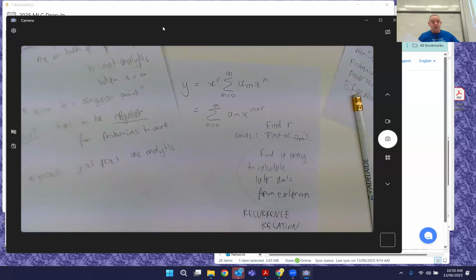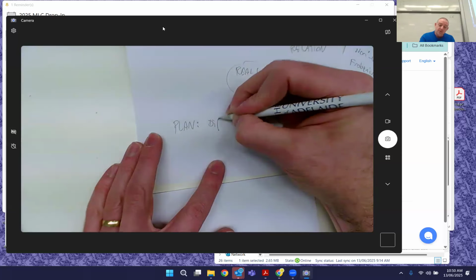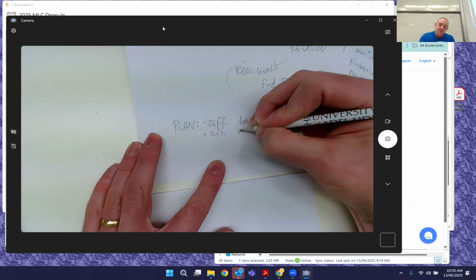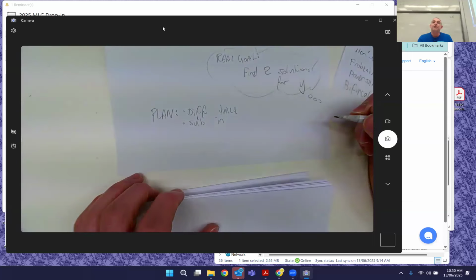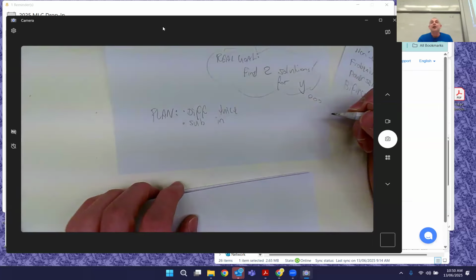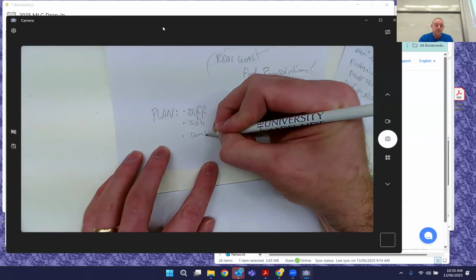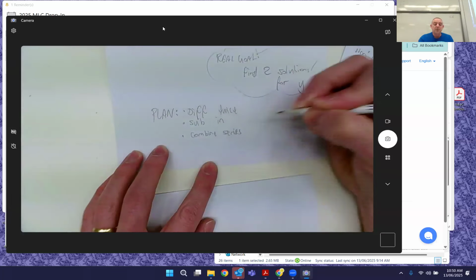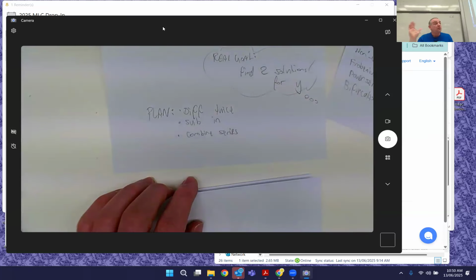But the plan is this. Differentiate twice, sub them in. What that will do is create a little collection of infinite series. And we're going to have to somehow combine those series together. And the first step is we're going to combine the series by making their exponents match up so that we can match up the exponents of x.